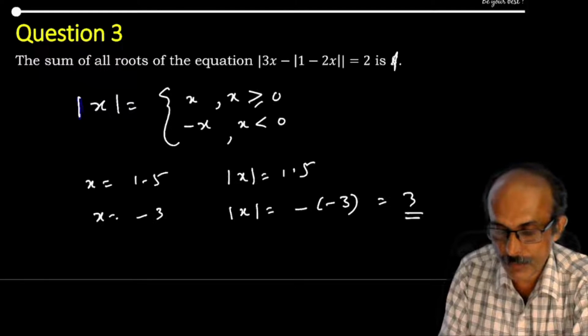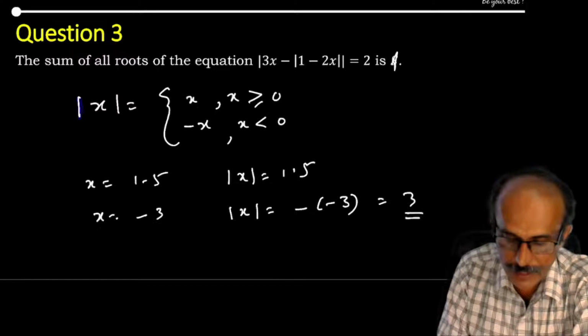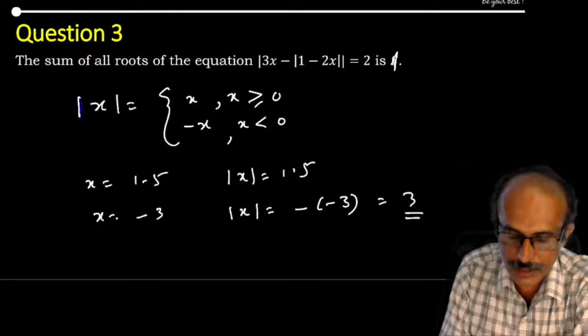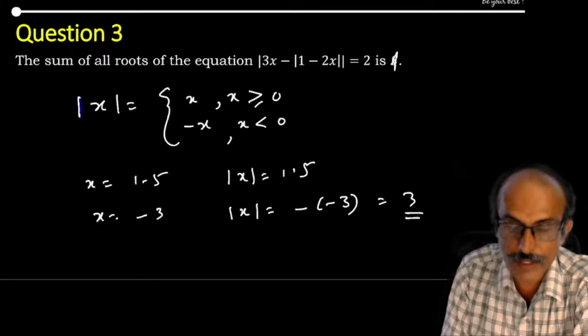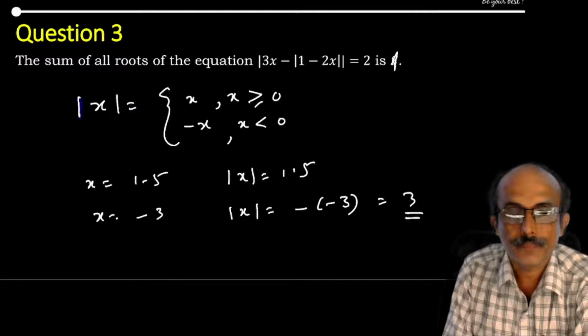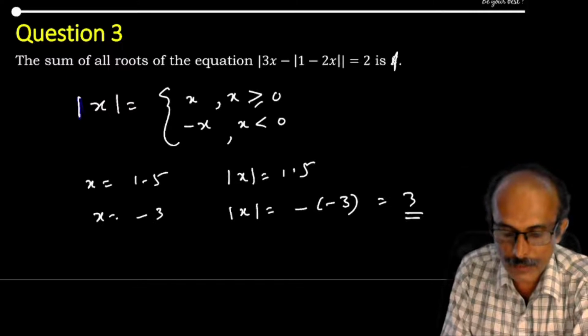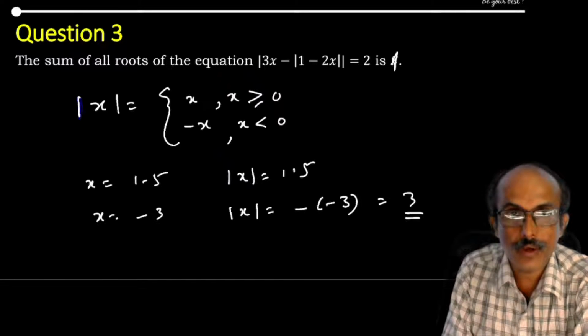So it always assumes positive values, but it is defined as x whenever x is non-negative and minus x whenever x is negative. So it has two functions on different domains.